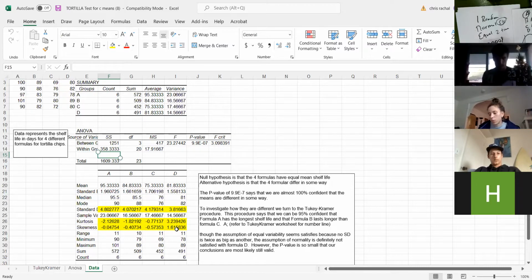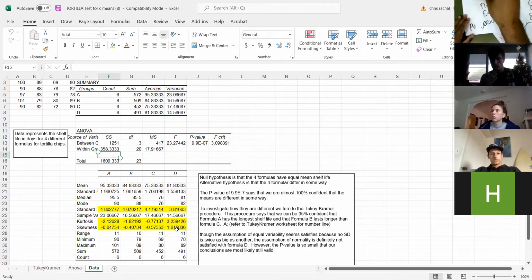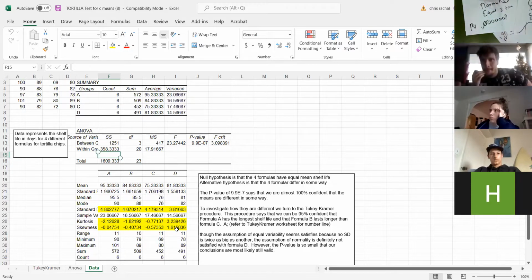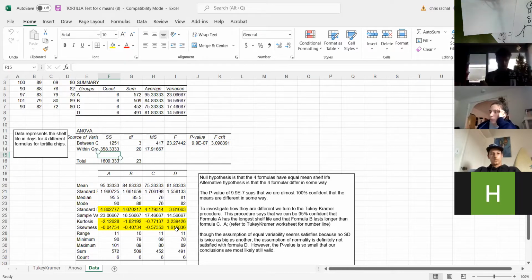Even if it's off by 10%, watch this. It has 6 zeros and then a 9. Even if it's off by 10%, it's still different, right? That's still below 0.05. It's off by 10%. Okay, get rid of a 0. That's still below 0.05.